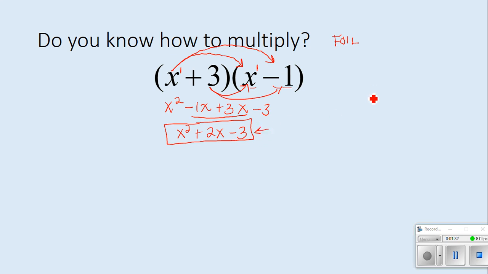Now, you don't have to write this down if you remember how to multiply binomials. But the idea is in order for me to get this answer, I needed these two parts, or if you want to say each part, is called a factor.